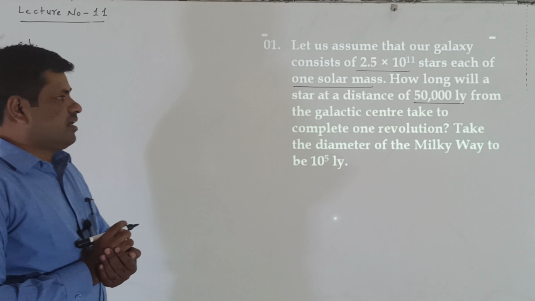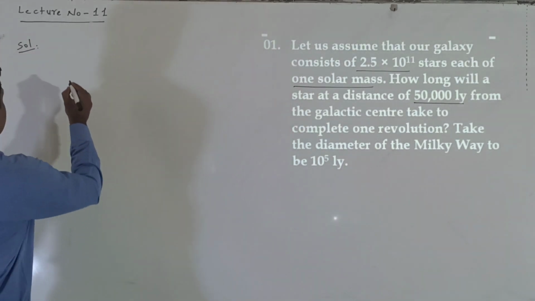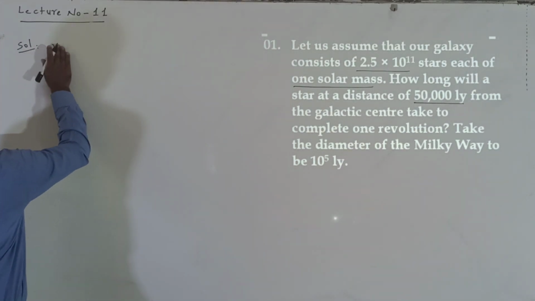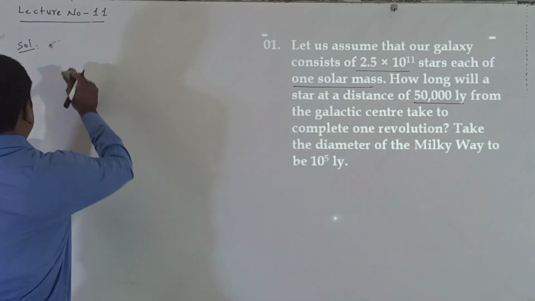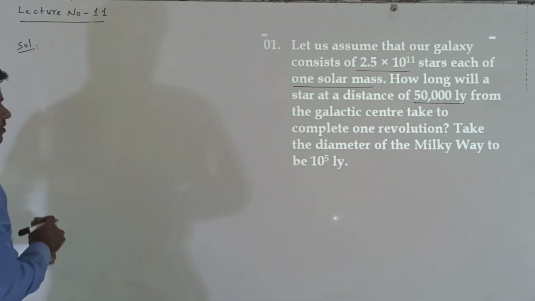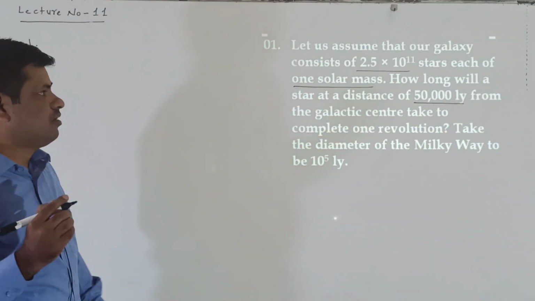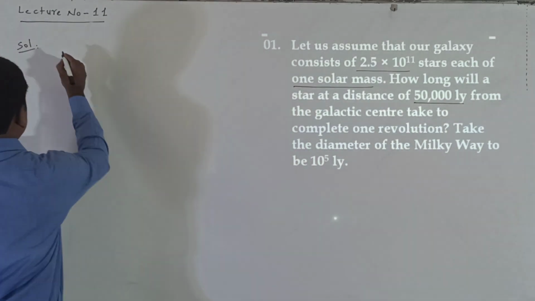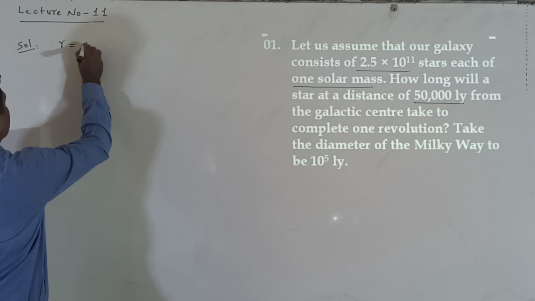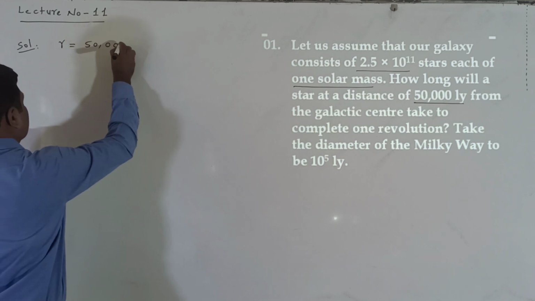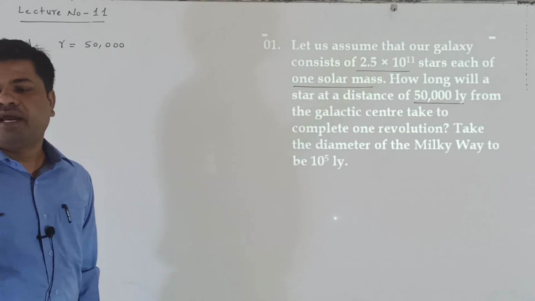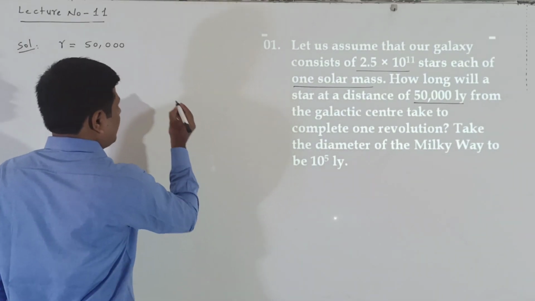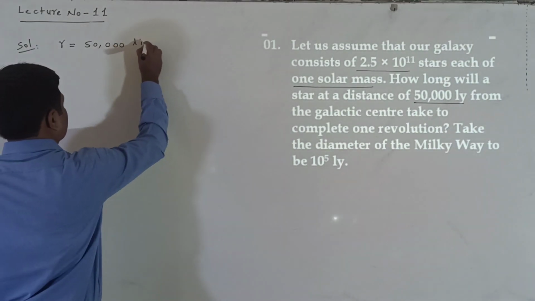First, what is given here? Distance is given. Distance r is equal to 50,000 light year. Ly here means light year.